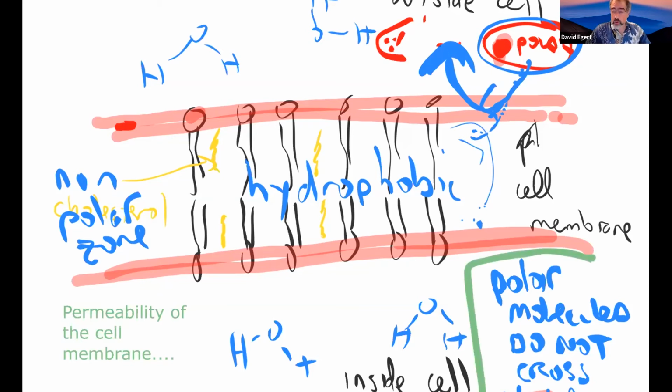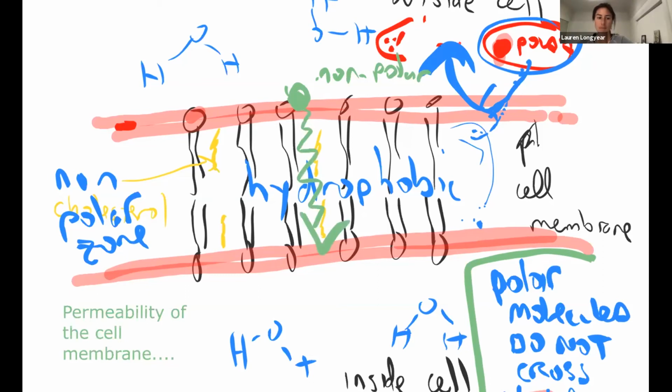What about a non-polar molecule? And again, it has to get here, but let's assume it is on a carrier and it got up to the boundary here. It will easily cross. It'll just drift across. It'll end up on the other side. There's no reason it wants to stay connected up towards the water because it's not polar. It doesn't have any charge to attract it to this polar solvent.